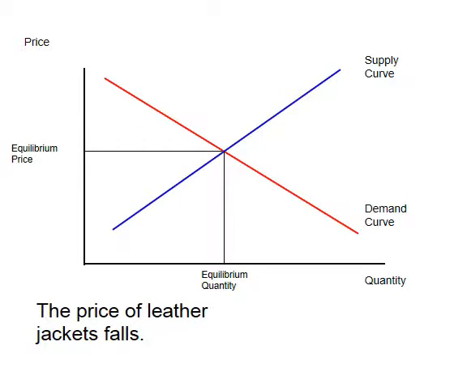The price of leather jackets falls. So this is a price of a substitute going down. Now, if the price of leather jackets falls, consumers will be aware of that. We're going to assume that sweatshirts and leather jackets can be substitutes. It's a little bit of a stretch, but if the price of the substitute goes down, what will happen to the demand?